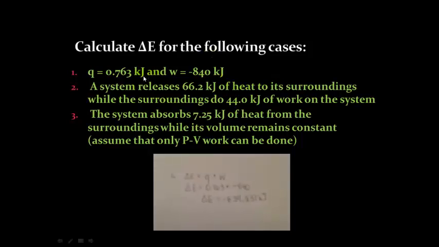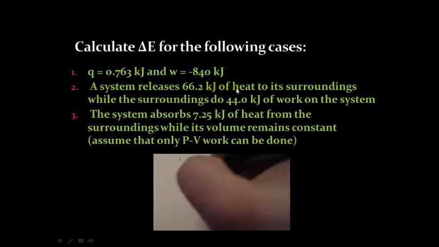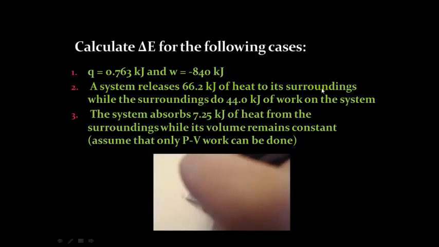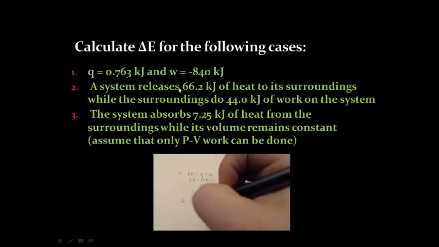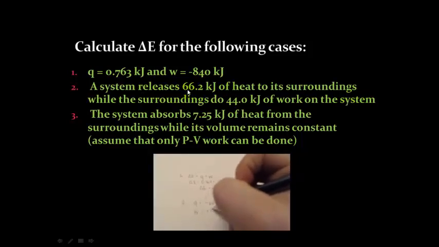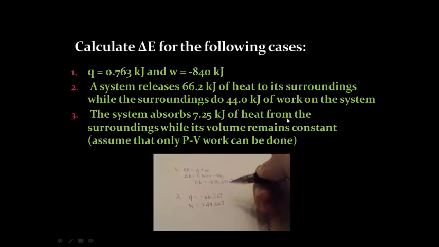Alright, let's take a look at number 2. A system releases 66.2 kilojoules of heat to its surroundings, while the surroundings do 44 kilojoules of work on the system. So in this one, you have to determine the signs for Q and W. If the system is releasing heat, we have a negative Q. So Q is going to be equal to negative 66.2.